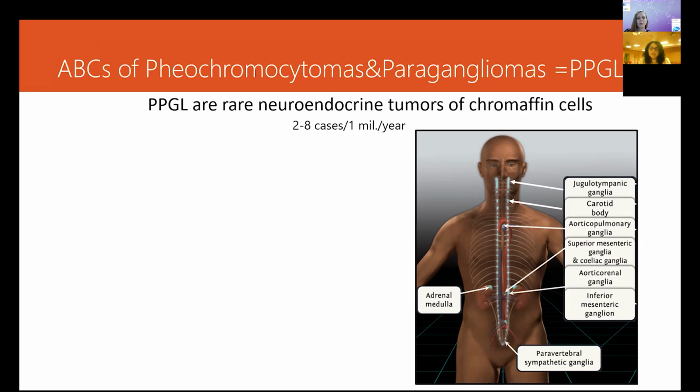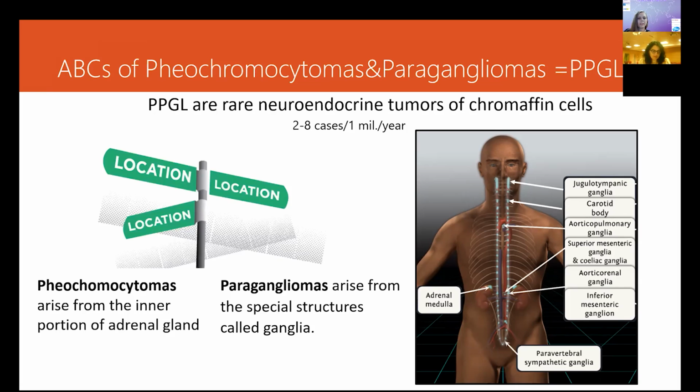And we use pheochromocytoma and paraganglioma terms interchangeably because they have a very similar clinical presentation and sometimes behavior, but there is one distinct primary difference between them, and the difference is in location.